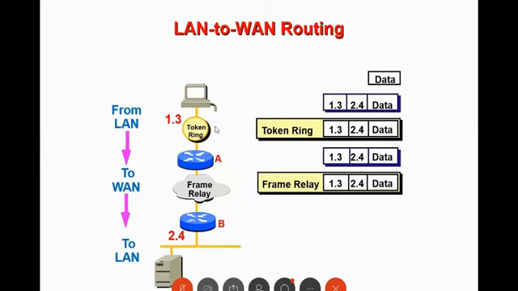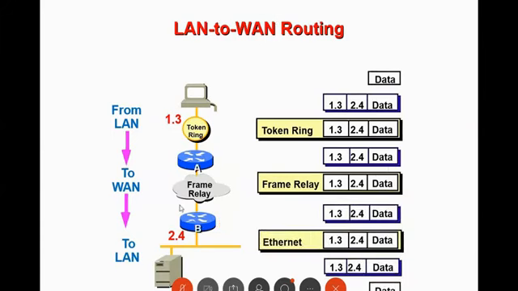Once it passes through the token ring and enters this router, it extracts the token ring header, and only the source address, the destination address, and the data remain. After leaving router A, the frame relay starts. The frame relay header comes here with the source address, the destination address, and the data. Once this data passes through this router, it extracts the frame relay header, and it is left with the source address, the destination address, and the data.